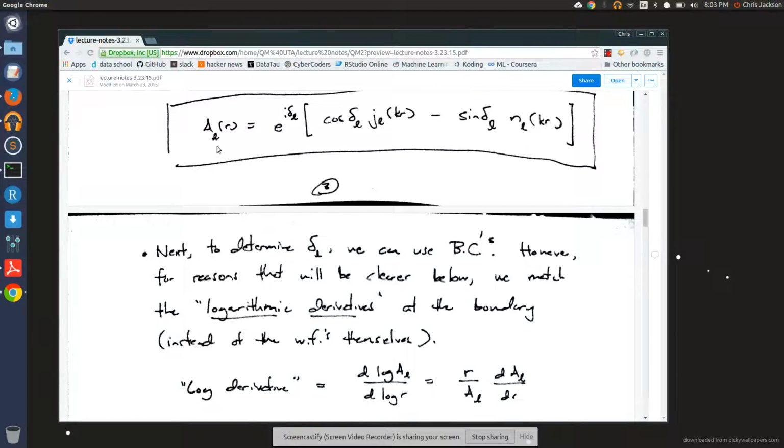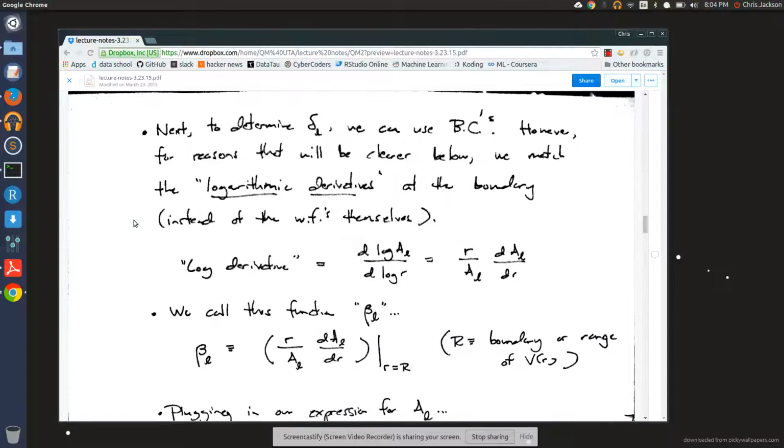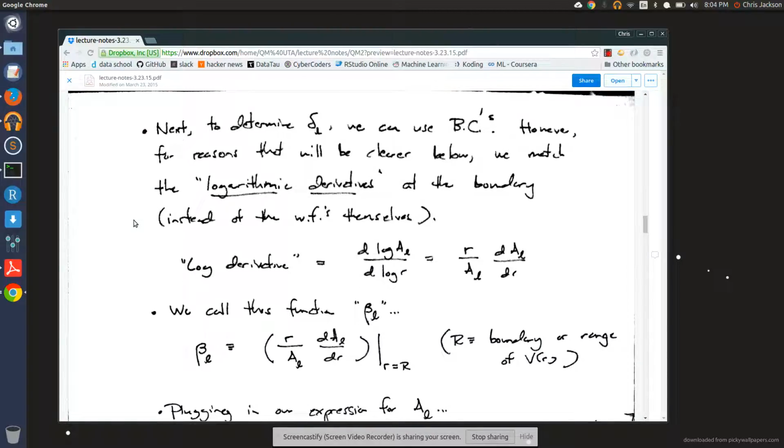This is just like one-dimensional scattering, where you had a potential that's larger than your incoming energy, but the particle can still tunnel. You remember this from your undergrad, and there are different things you can match, like the wave functions or the derivatives or whatever.